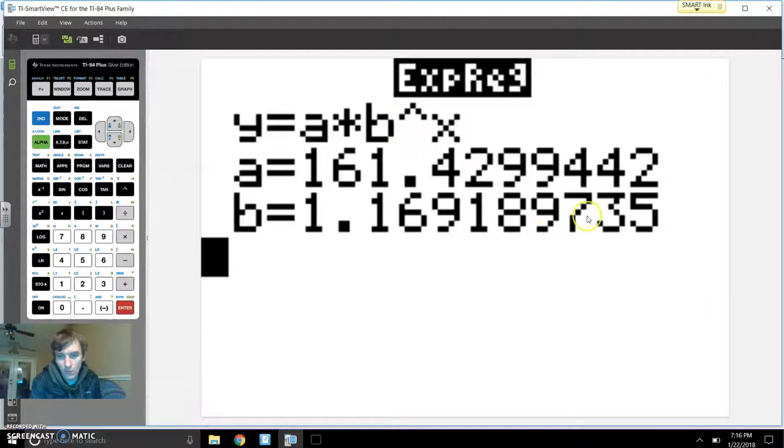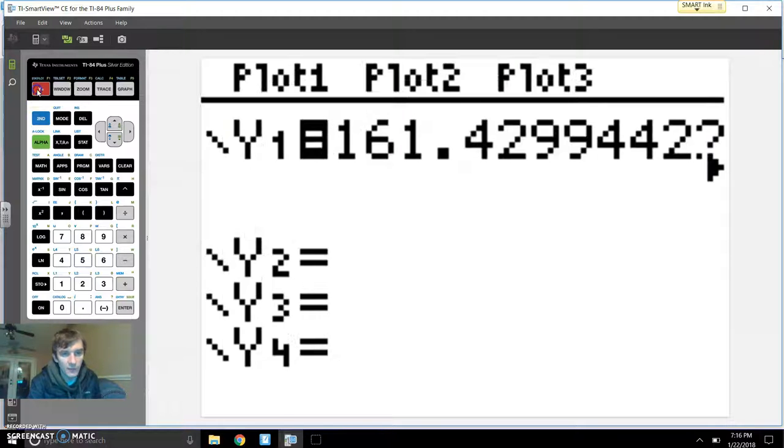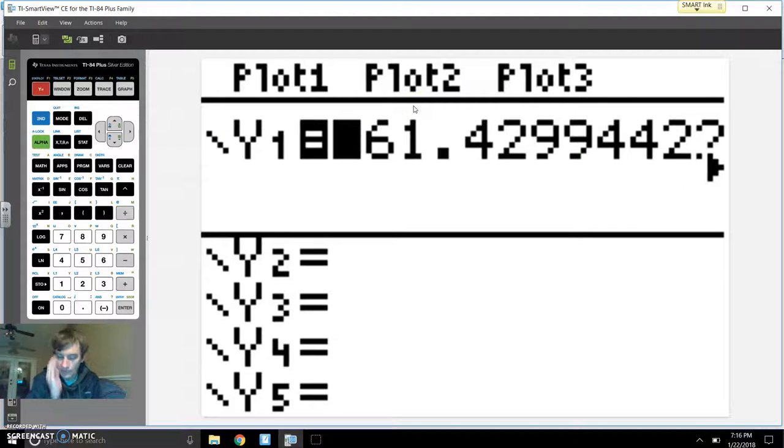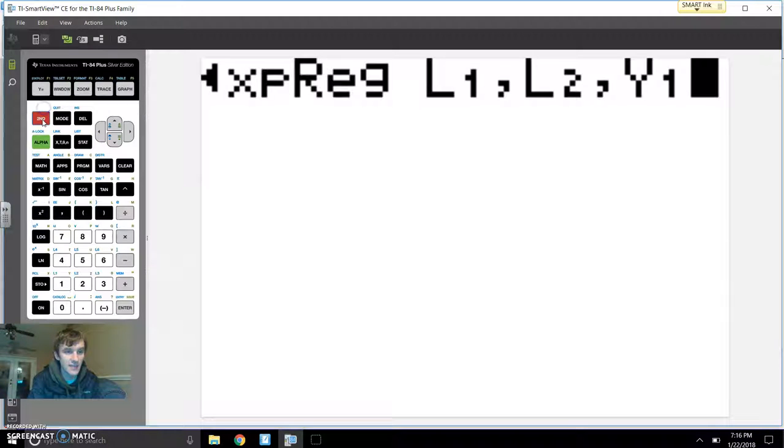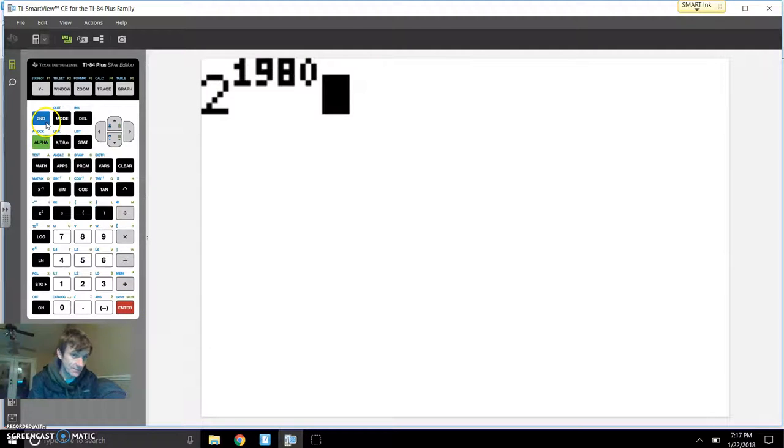And this is a much better way than just rounding off the value, if I have it in Y equals as that exact number. Now I don't have to use the main screen to try to estimate that value and not really use as many decimal places as I should or could.